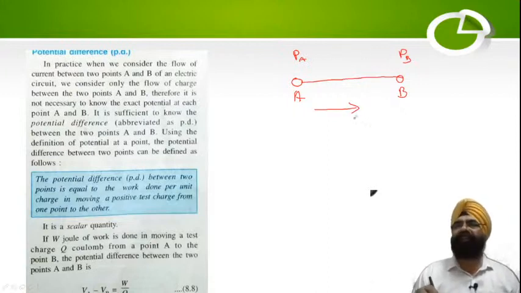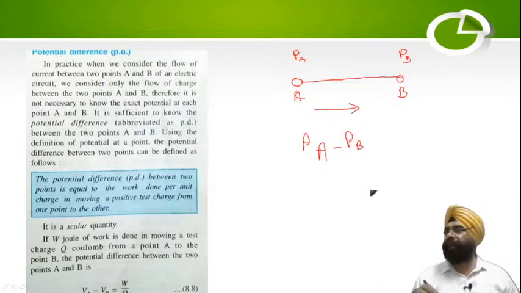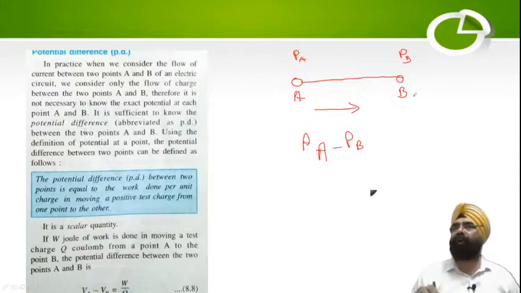If I know their potential difference, which means if I know PA minus PB, then I get to know whether current is going to flow through them or not.